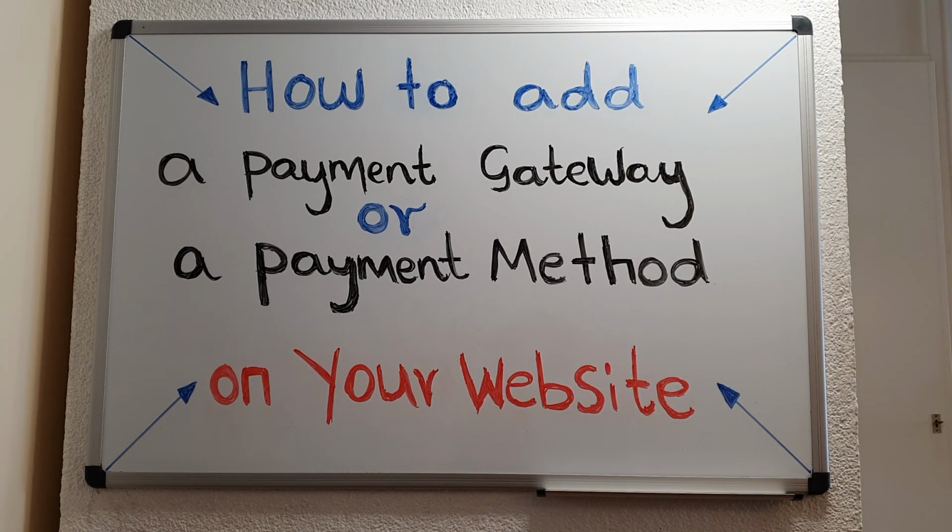We have 5 steps. I will just give you a recap. Step 1 is to evaluate gateway services offered by your web host. This is the first step you need to do before integrating a payment method on your website.